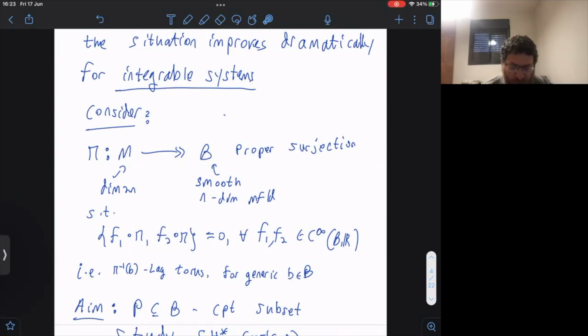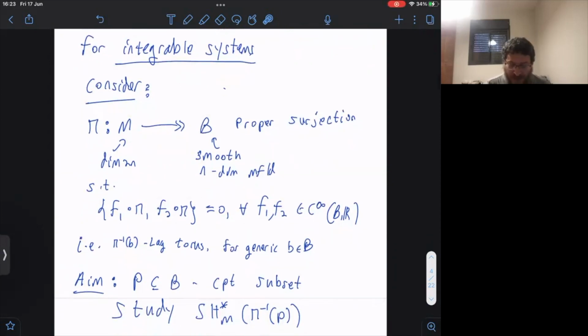It's of dimension 2n, and it carries a proper surjection onto some smooth n-dimensional manifold, and we assume some kind of commutativity: any two functions which are pulled back from the base of this surjection Poisson commute. Another way of saying this is that the generic fiber here is a Lagrangian torus. Okay, so that's the setup.